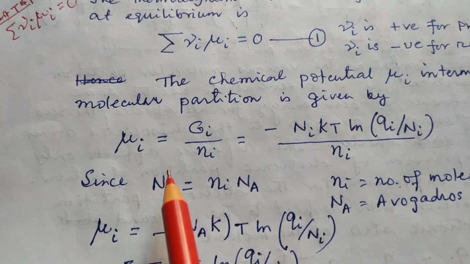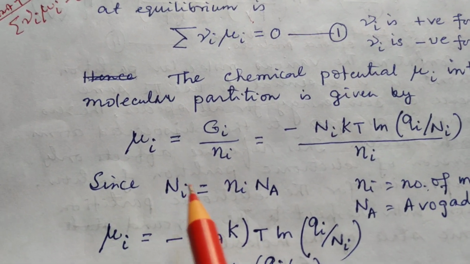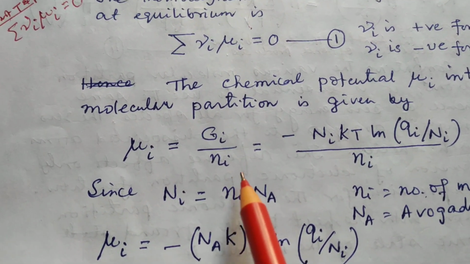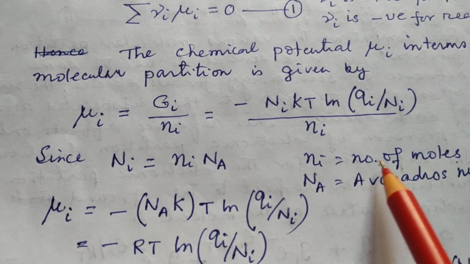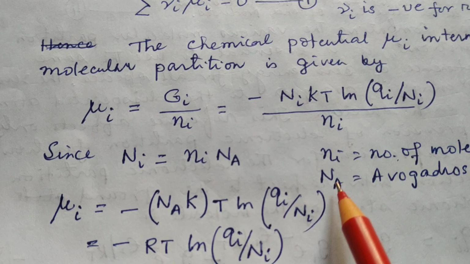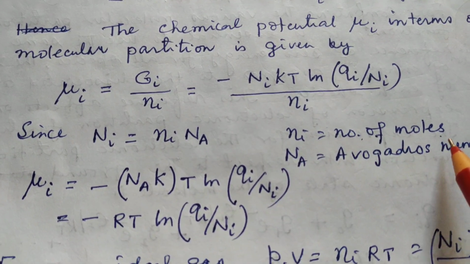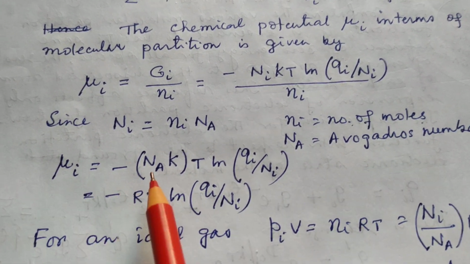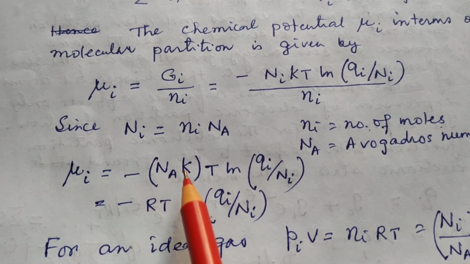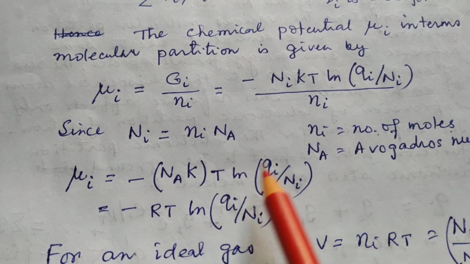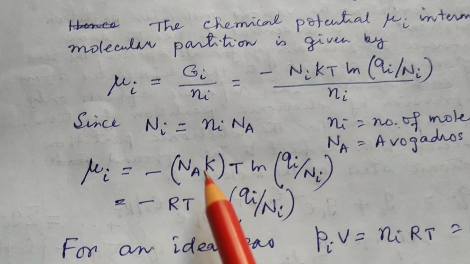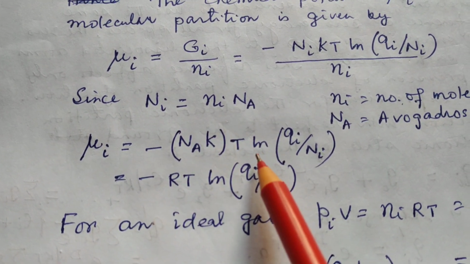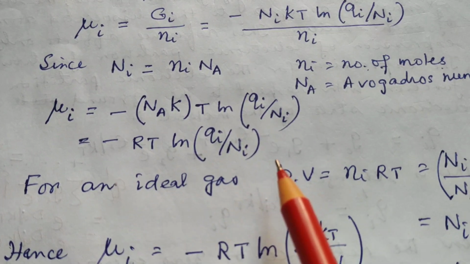The number of molecules N_i equals the number of moles n_i times N_A, where N_A is the Avogadro number. So we get mu_i equals minus N_A kT ln(q_i/N_i). Since N_A k equals R, we get minus RT ln(q_i/N_i).